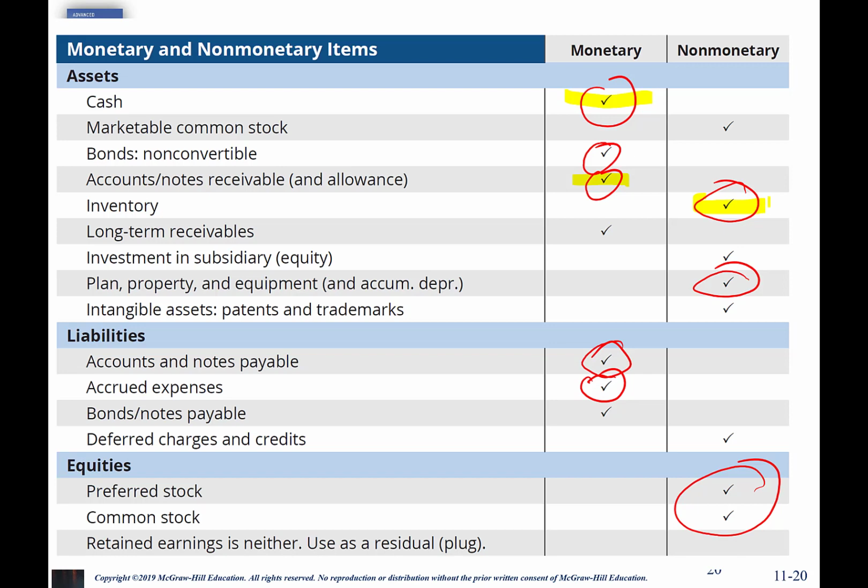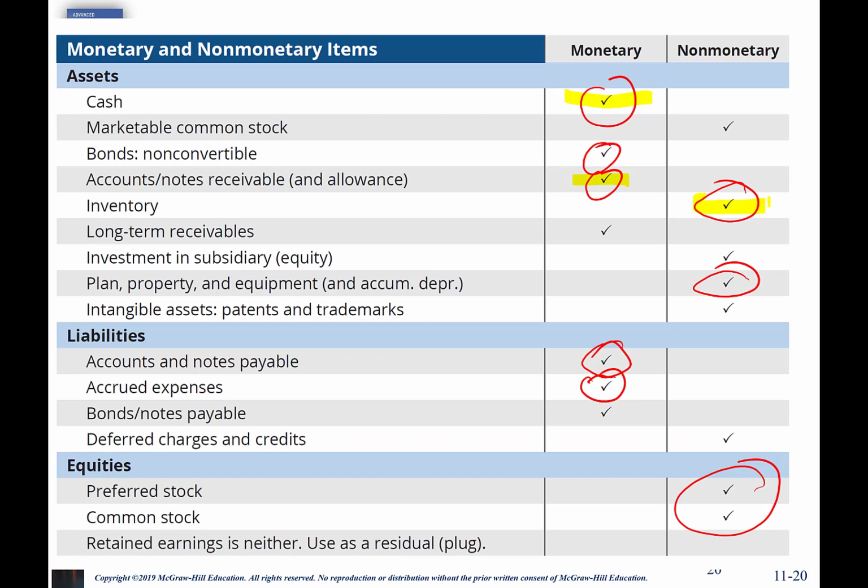You need to be careful because sometimes students get a little confused and cross wires on current assets versus non-current, thinking current assets are monetary and non-current are non-monetary, and that's not how it works. It's whether the value of that item fluctuates with changes in the price levels. If you have a bunch of inventory sitting on your shelf at the beginning of the year, by the end of the year that inventory could go up or down in value as time passes. Probably down in value.